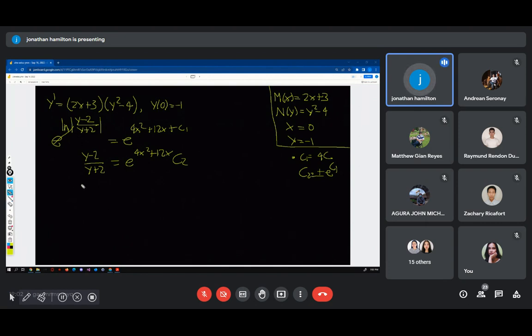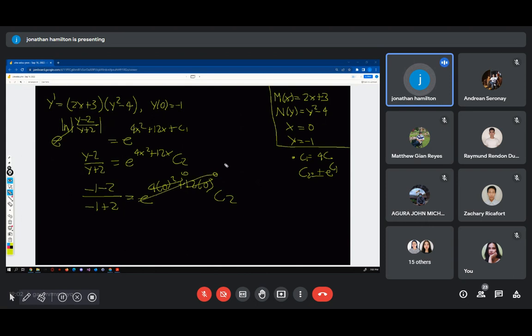So for this, we could say y is equal to negative 1. We could say negative 1 minus 2 over negative 1 plus 2 is equal to e raised to 4 times 0 squared plus 12 times 0 and then c2. So again, 4 times 0, that's 0. 12 times 0 is 0.